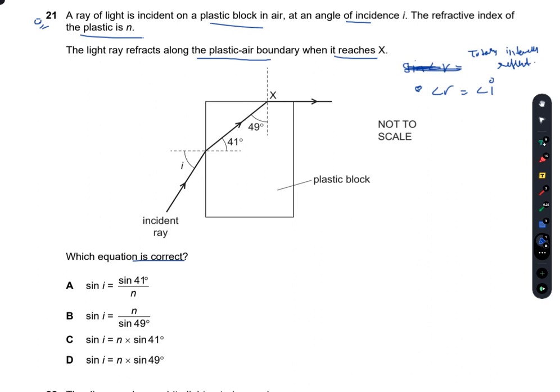So what I can do here is, for Snell's law, I have n is equal to sine I over sine r, as you all know. Now sine of I is equal to the sine of r. So I have to find the sine of I here.